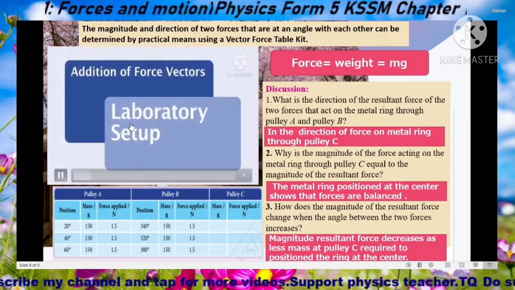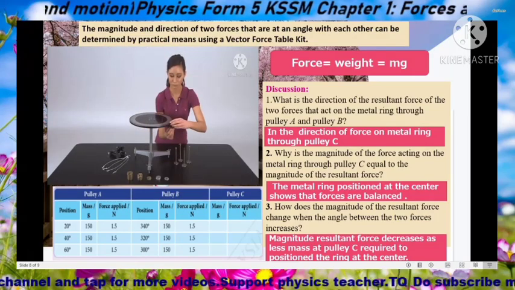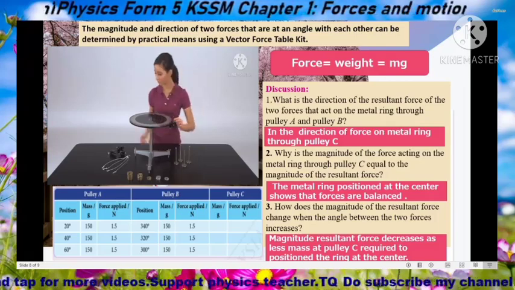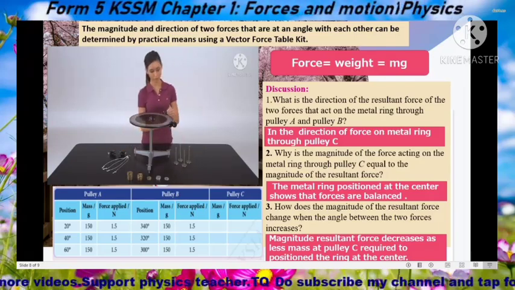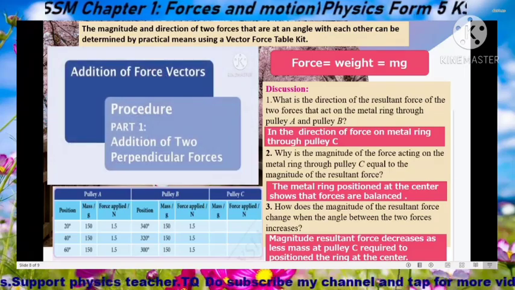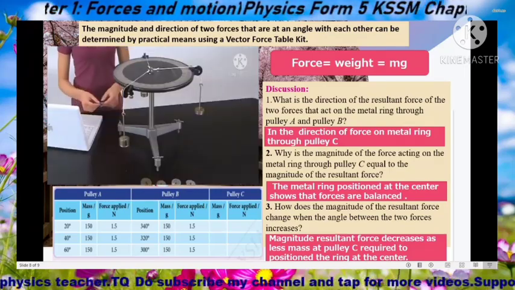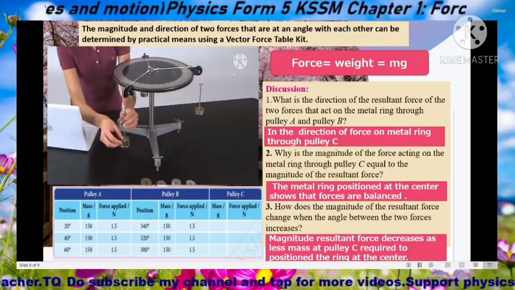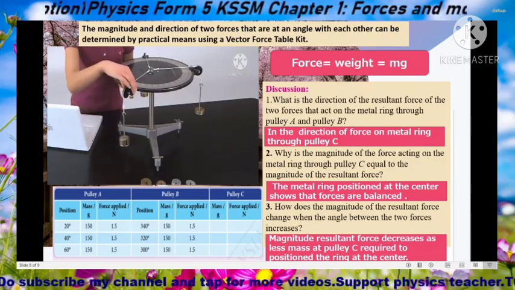Okay, how to add the force? First you attach the pulley here to the side of the table, and then you can hang a load.